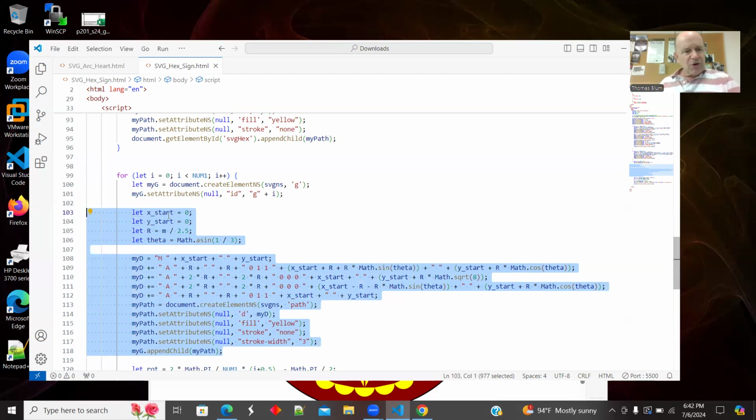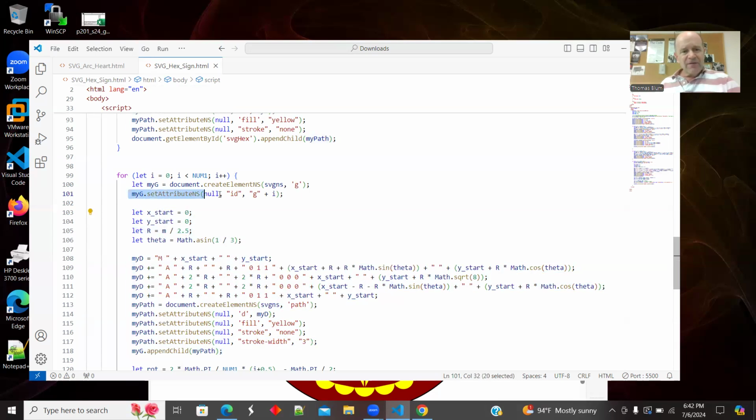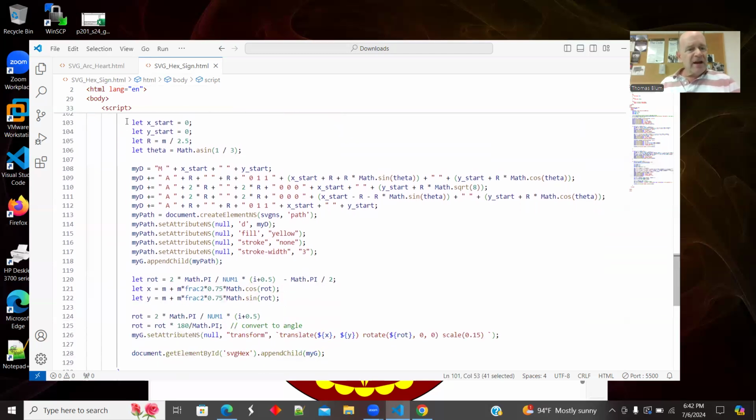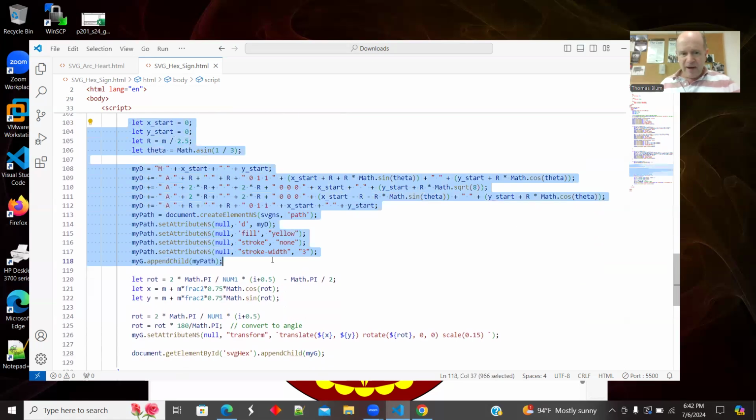Okay. So what I've done, first thing is, and again, this is a loop over 6. I am creating a G element, which is a container. And then I have made my heart path out of arcs.